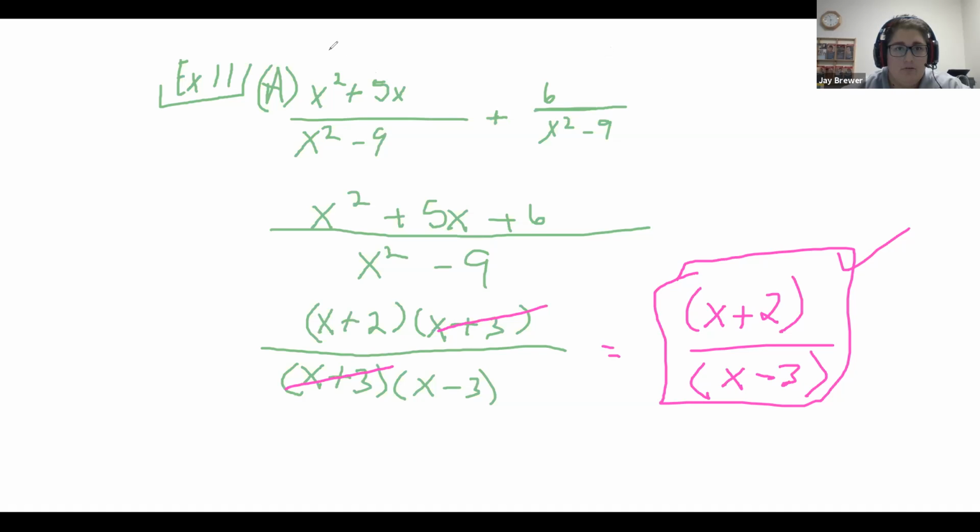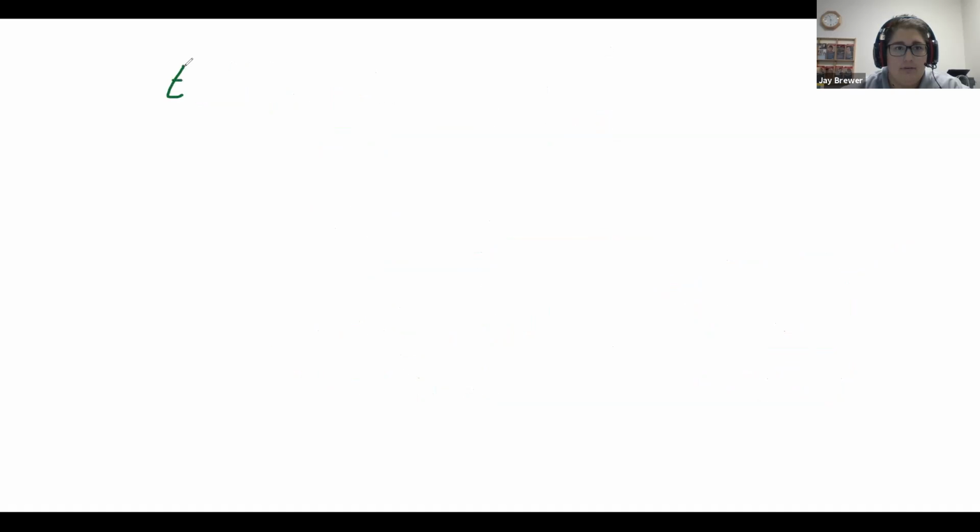Okay. So the next thing we're going to work on is still example 11. Now, if we just did one that had two of the same denominators, what do you think this example is going to be?